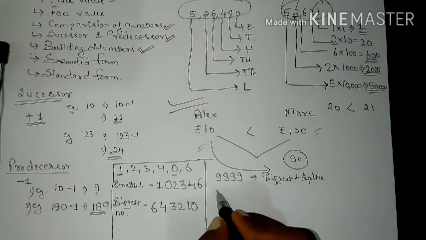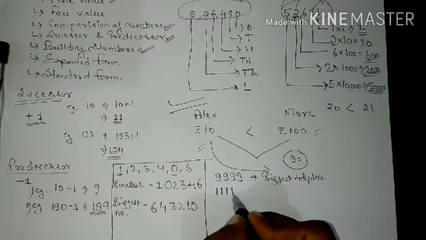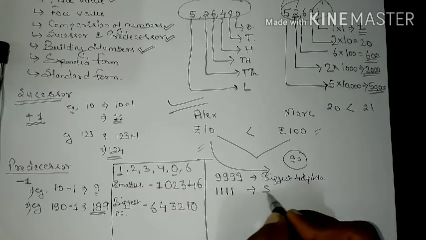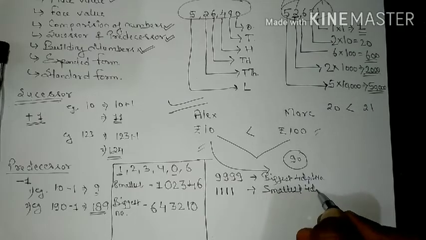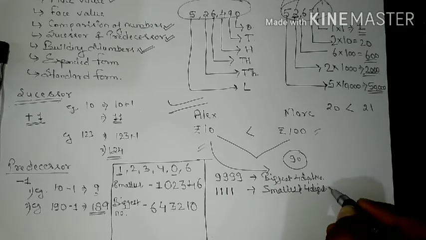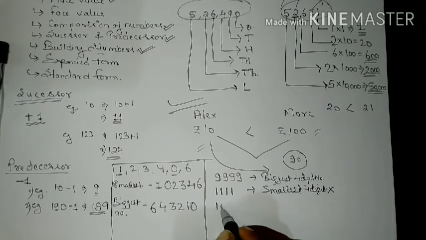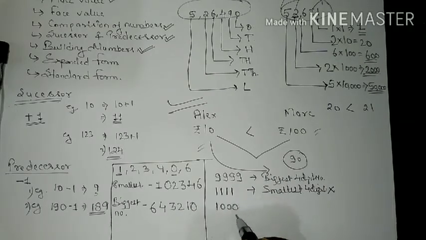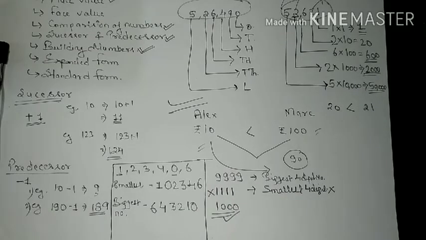It will be 1 1 1 1. Okay students, is it correct? No, it's not. The smallest 4-digit number will be 1 0 0 0. This one is correct. The other is incorrect.